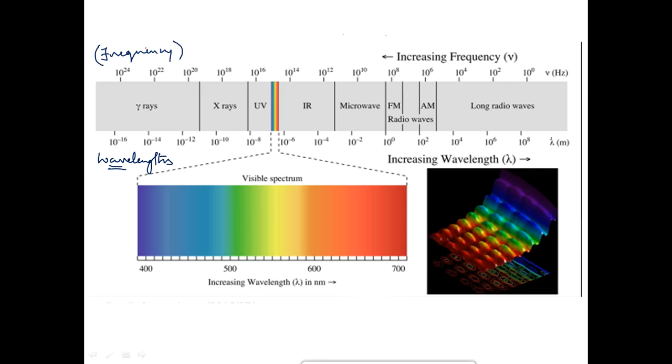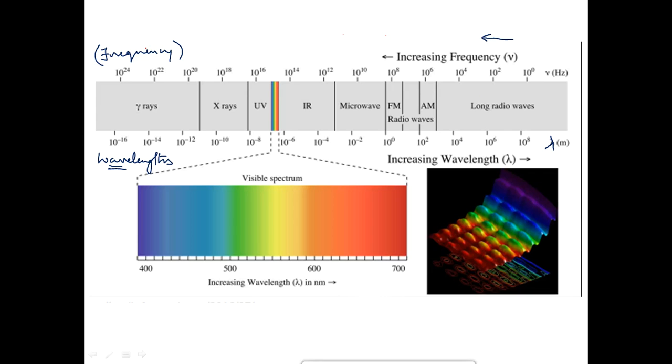Lambda denotes the wavelength and nu denotes the frequency, which is in hertz. Either you can use f as the symbol or nu as the symbol. You can clearly observe that as we move from right to left, the frequency increases.